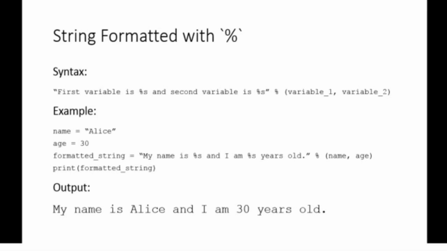Make sure you place the variables according to the positions of the %s you want them to reference, such that the first variable is bound to the first %s, and so on.